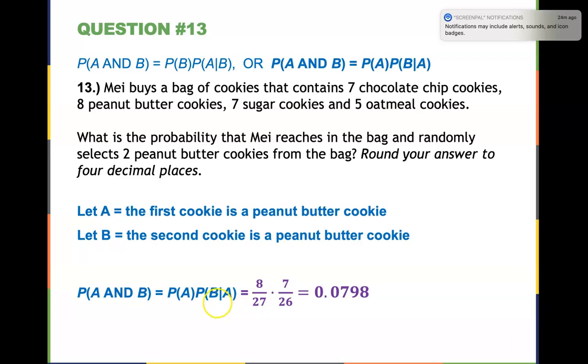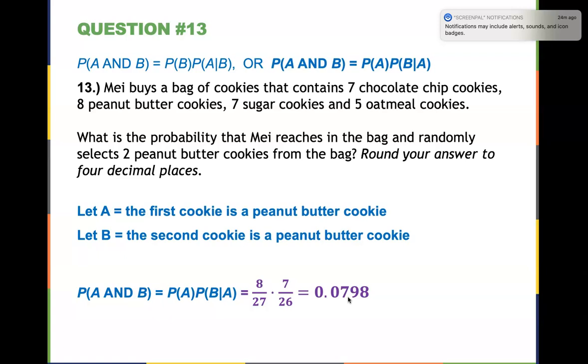Then we have the tricky scenario of figuring out the probability of B given A, which I'm going to elaborate on momentarily. But once you find that, you simply multiply these two values together, and you end up with this 7.98%. And that would be the probability of drawing both the cookies.